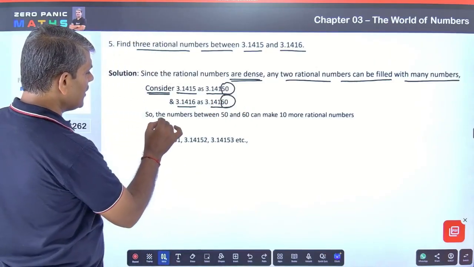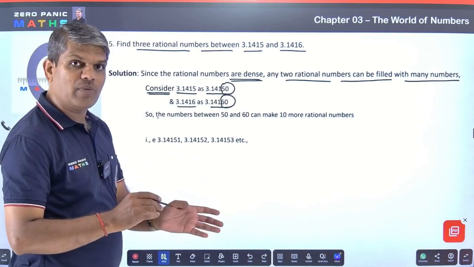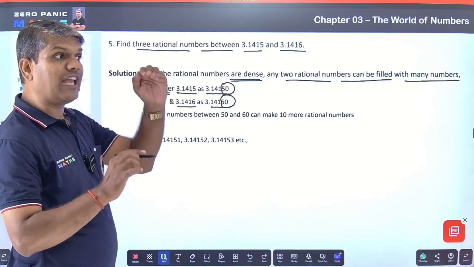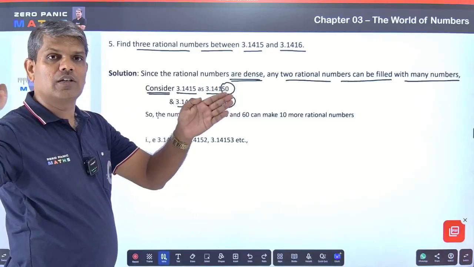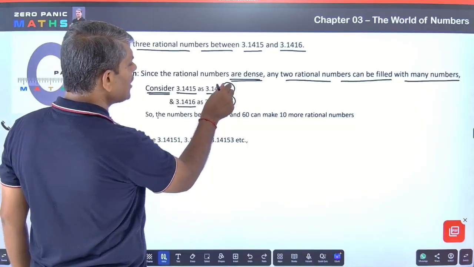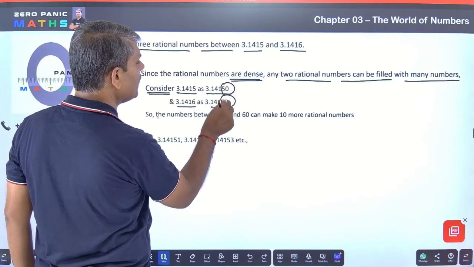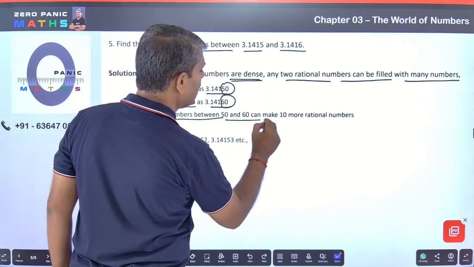You see that I converted. This is just like making the denominator the same, so that I can get a long range of numbers in the numerator. The last two digits I am making 50 and 60, so that I can get numbers between 50 and 60.